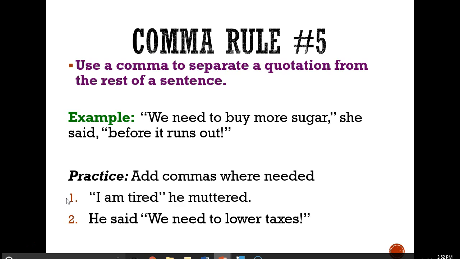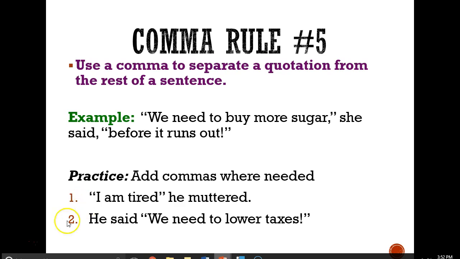Make sure that you have proper punctuation and capitalization and that both of these are numbered under comma rule 5. If you need extra time, feel free to pause the video or rewind, but remember this one is asking you to separate the quotation from the rest of the sentence.